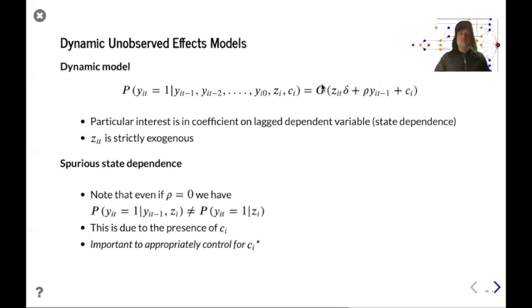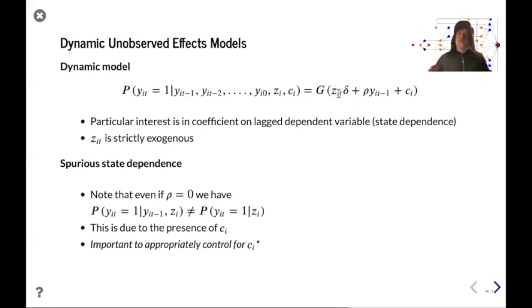Okay, and then we're also going to assume here that z_it is a strictly exogenous regressor, in the sense that if in the conditioning set for the probability of y_it equal to 1 we have the entire past, present, and future of z, in set i with no subscript t, then it's sufficient to condition only on the current value.